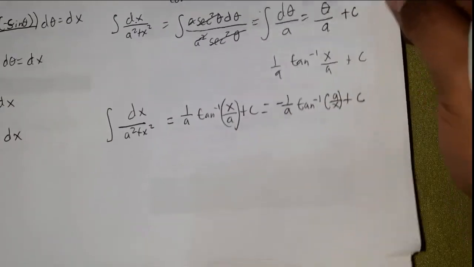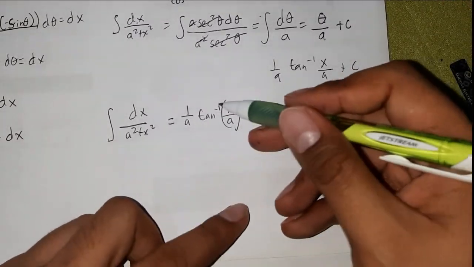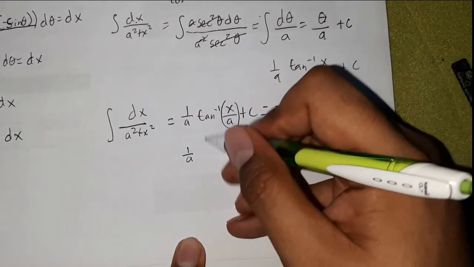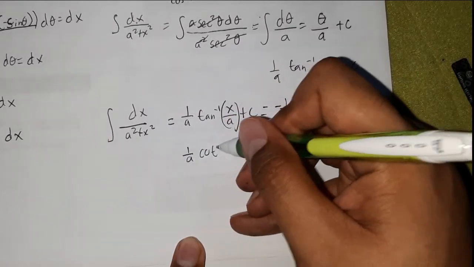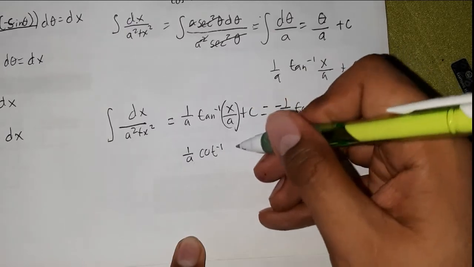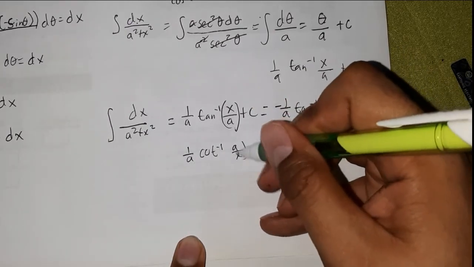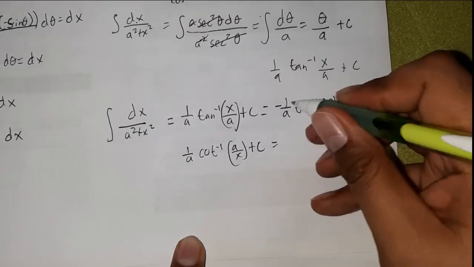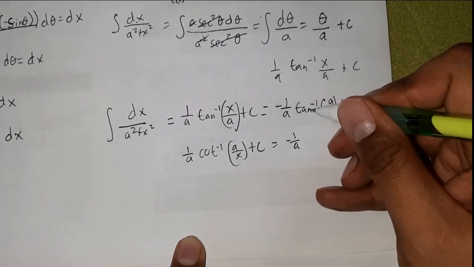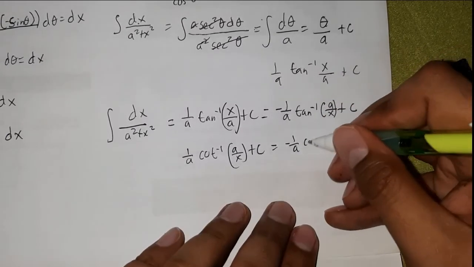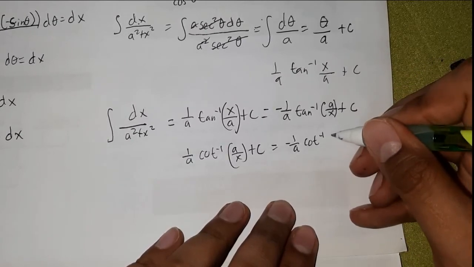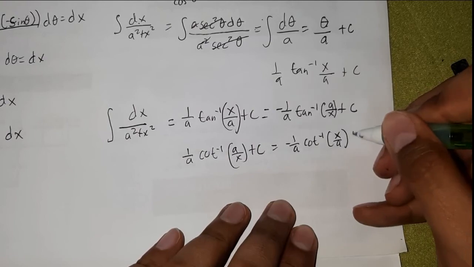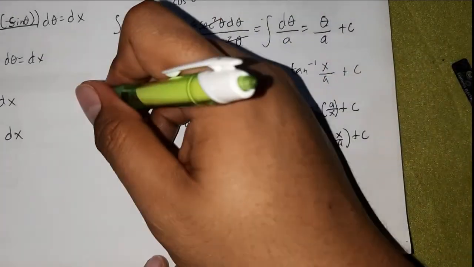Yung iba pa, way of, iba pang pwede dito ay 1 over A, pag cotangent ang ginamit natin, baliktarin lang to, so A over X plus C. Another one is negative 1 over A, so ganun din, cotangent inverse of X over A naman plus C. Okay.